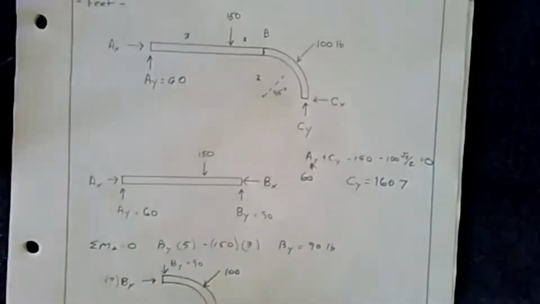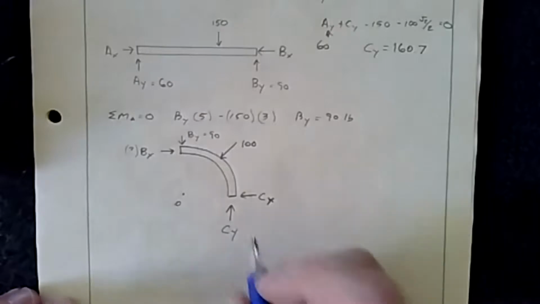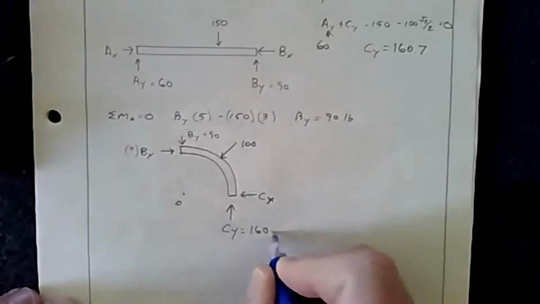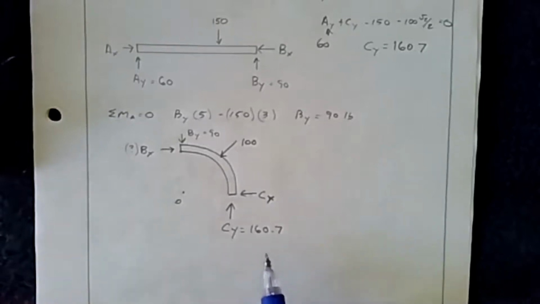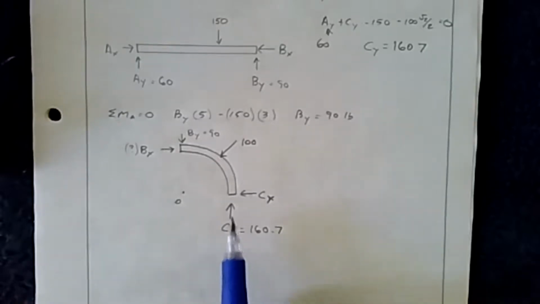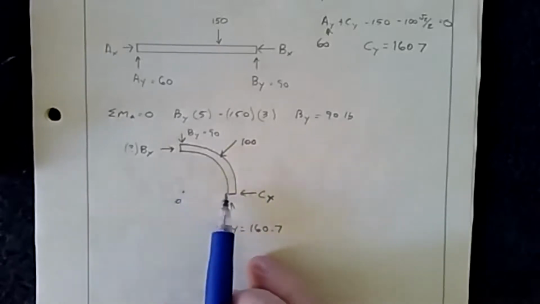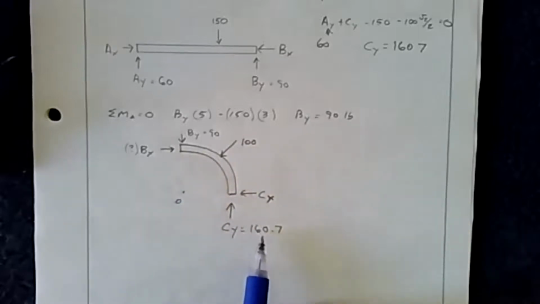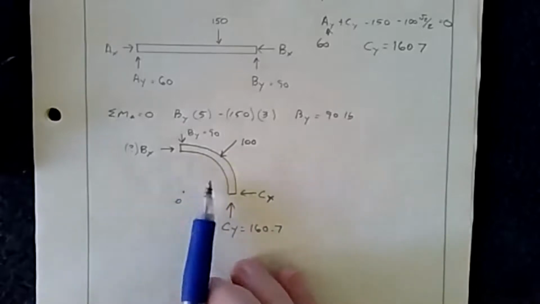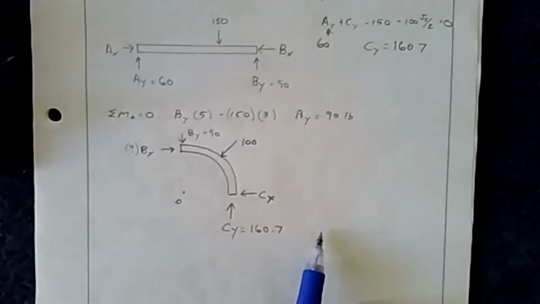167. All right, good. So that's why when I looked at this, I thought, wait, we have two notes. So you know, this is 160.7. So therefore, and you can probably see this yourself, if we know CY is pointing up at 160.7, and if this has a radius of 2 and a radius of 2 and everything drops out, that means BX has to have the same value as this, doesn't it, in order for that to balance, because it's 160 times 2 equals or minus BX times 2.